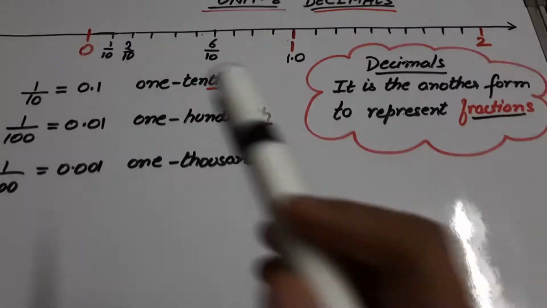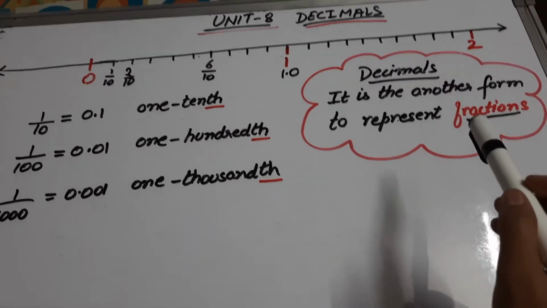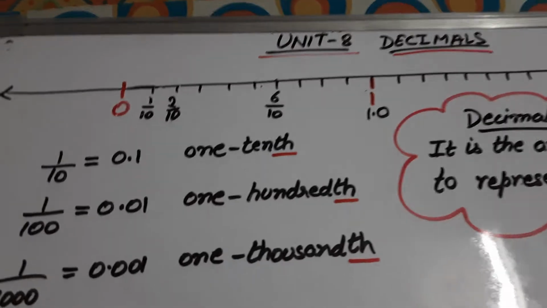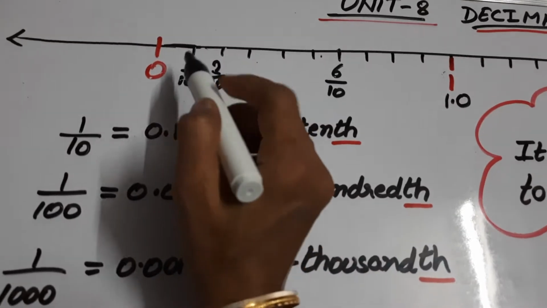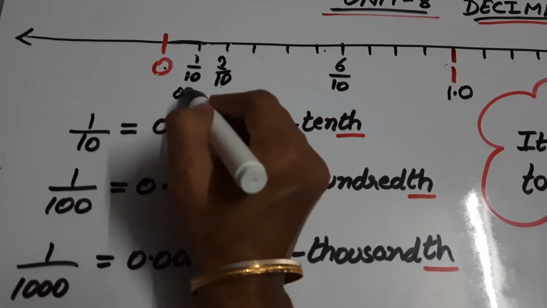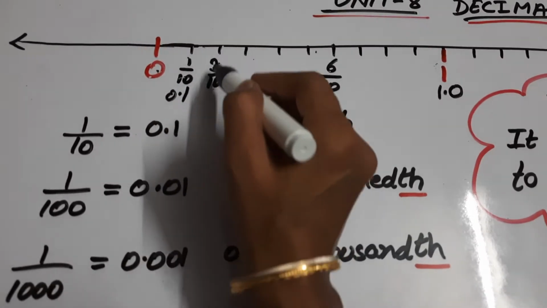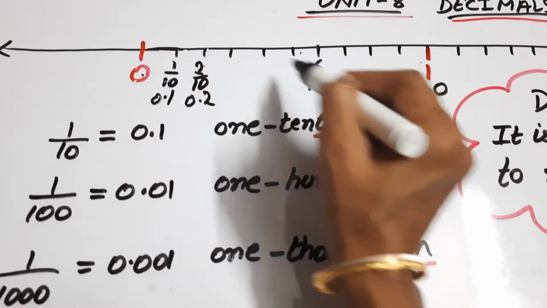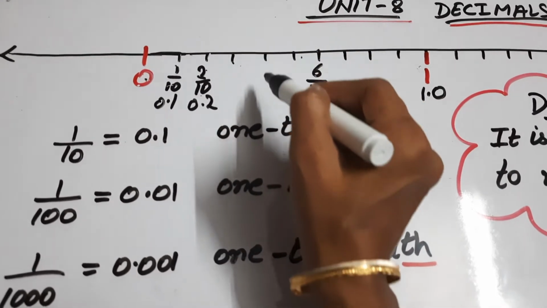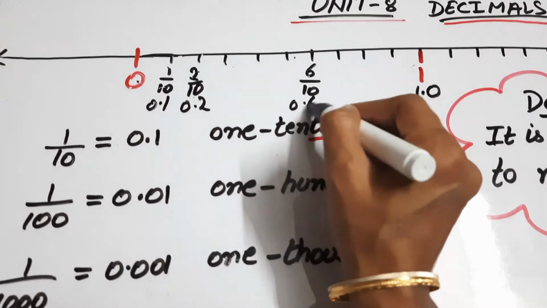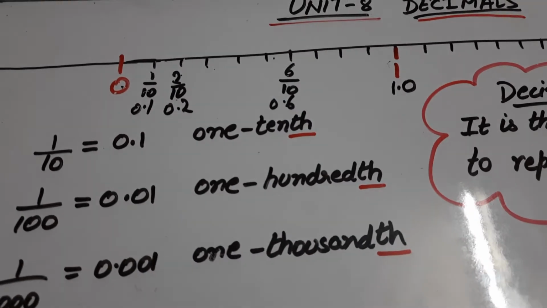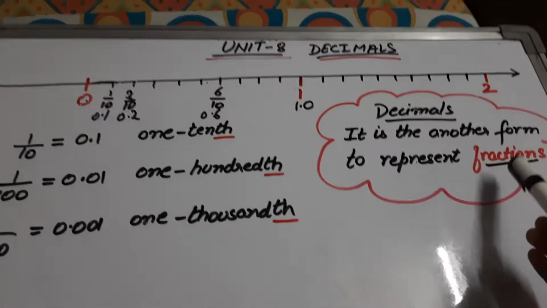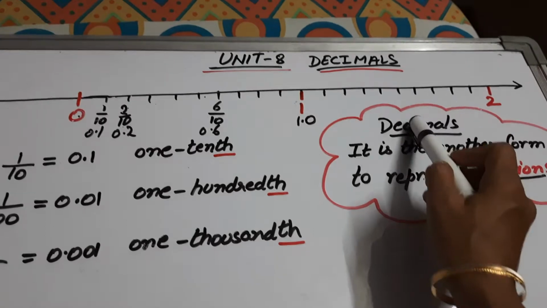So dear students, decimals help to represent fractions. If I want to represent these, I'll write 0.1, 0.2, 0.3, 0.4, 0.6. Like this, I can represent the fraction in the decimal form.